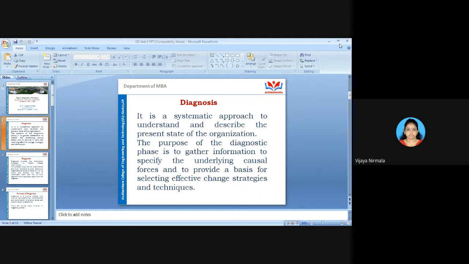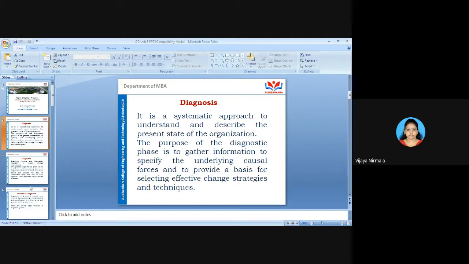So the practitioners, to make the organization effective, try to diagnose how and why the change is going to proceed in a particular way. So that is the general introduction or the meaning of diagnosis.